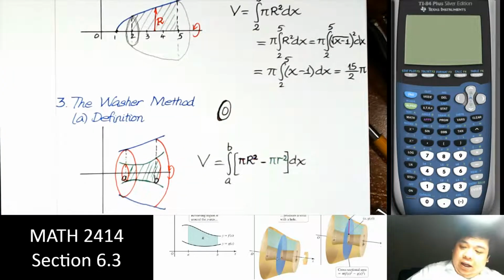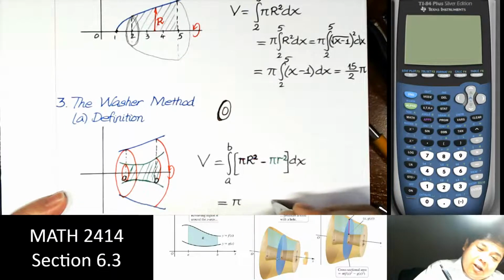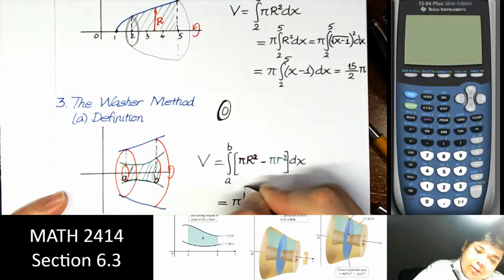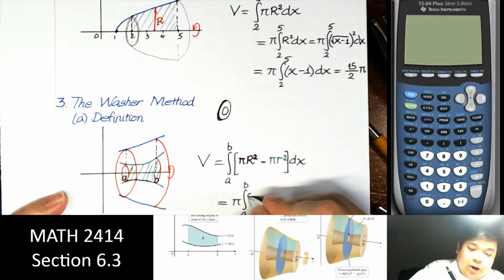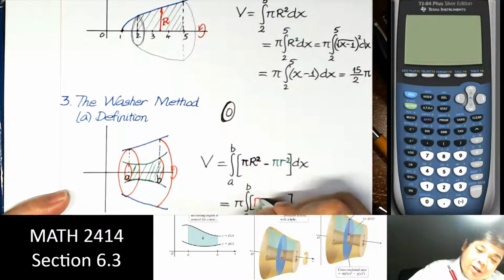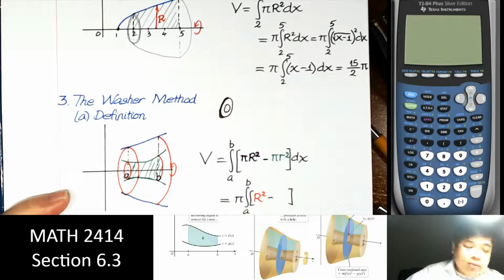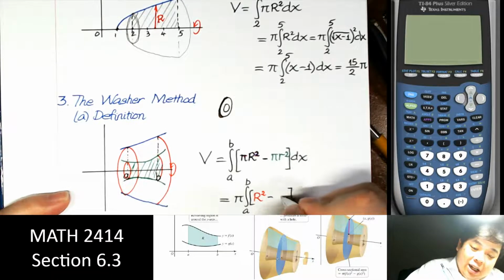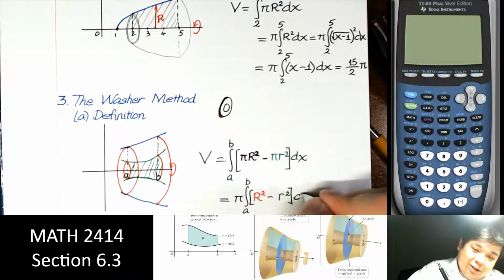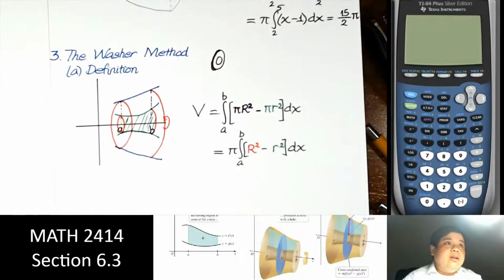And then if we factor out the pi, we're going to have the big radius squared minus the little radius squared.